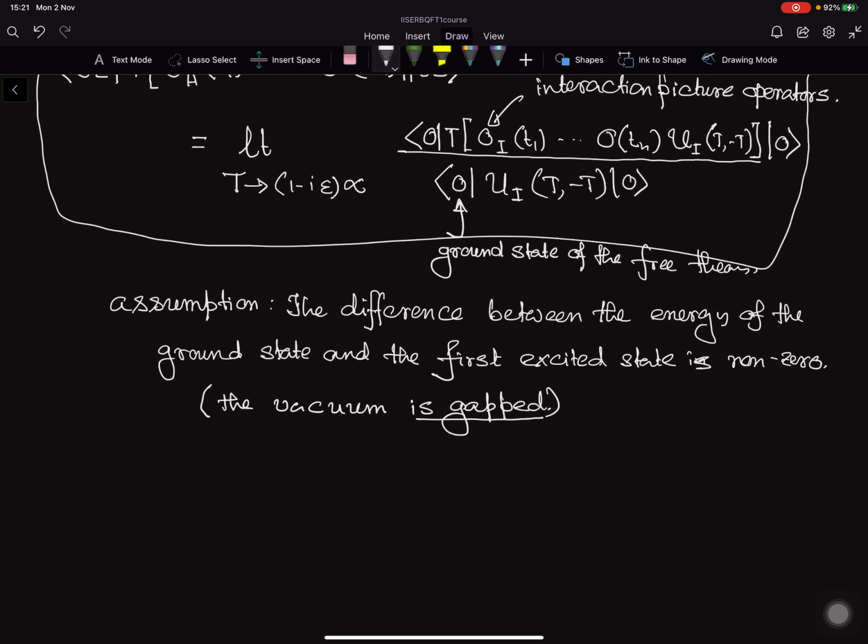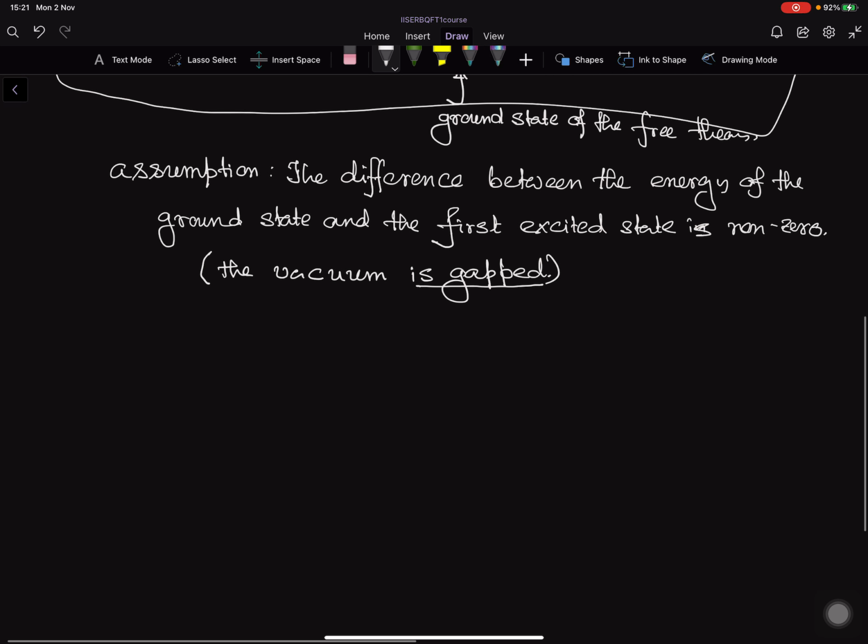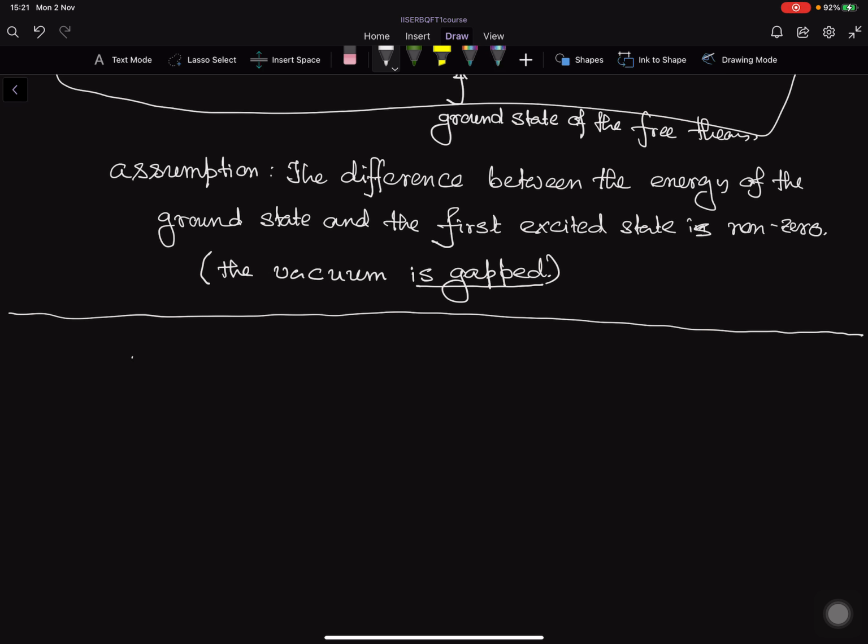Okay, so we'll prove this identity, and this will be the important thing. This result we will be using again and again in this course to compute various physical things. So in order to do that, let's proceed one by one. Let's first write down the interaction picture operator. For the sake of simplicity, I set t0 equal to 0.